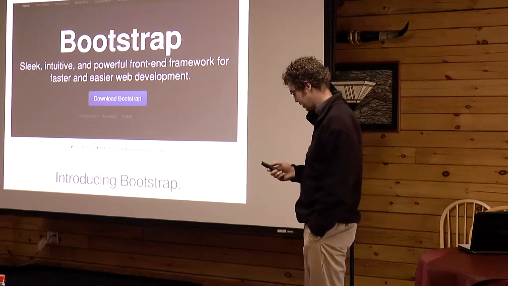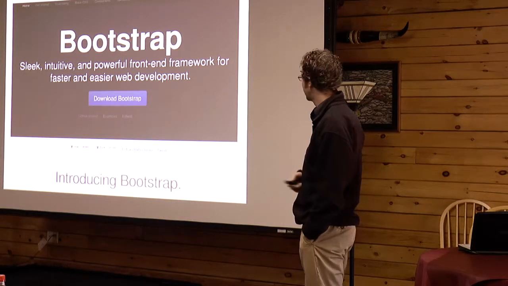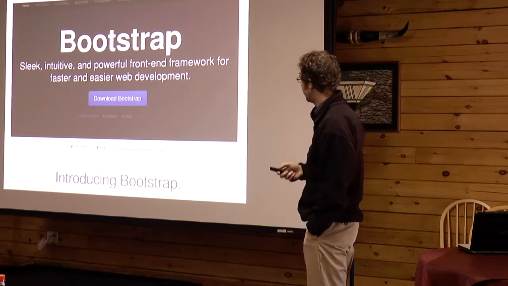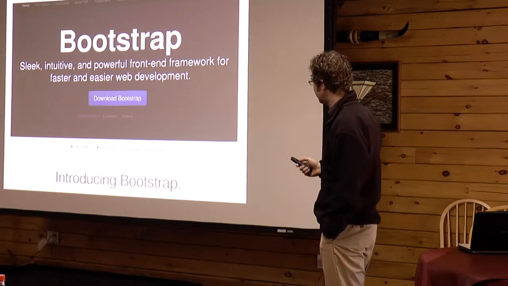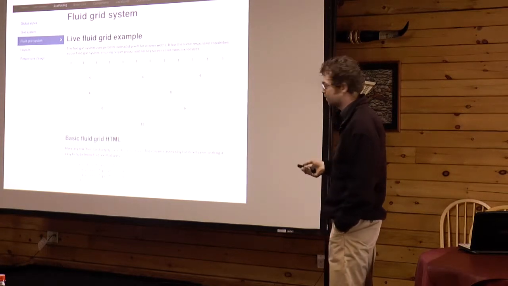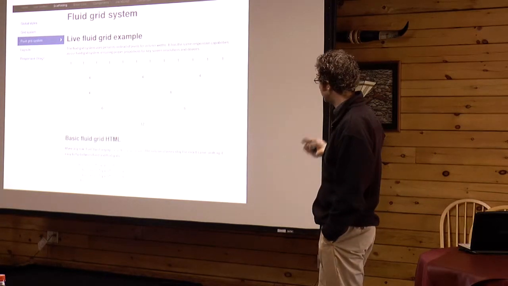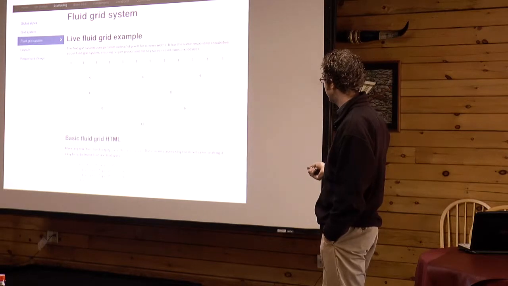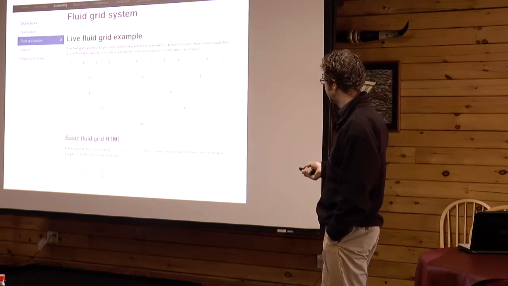But Bootstrap just provides a lot of good starting points for design. It's got some nice buttons and everything, form fields. And then one thing that it has is the grid system. So if you think of your page as a column of 12, then you can split off. If you have just one column, it can be 12 things wide.